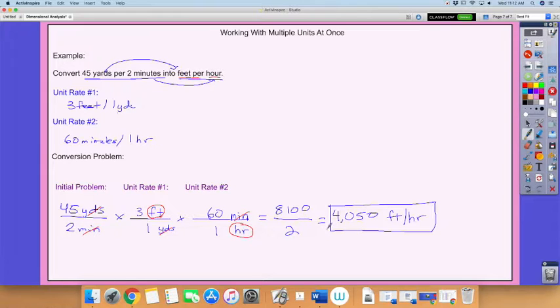Now, the one thing I really didn't focus on in this video was comparing. What you're going to have to do in the assignment and the quiz is you're going to have to convert some problem into the new units and then use that to compare with like a second person or a second amount. So you may have to do these problems twice to get 2 problems that have the same units, and then you can compare which one is larger and which one is smaller.